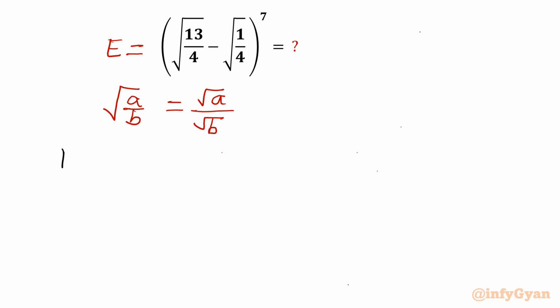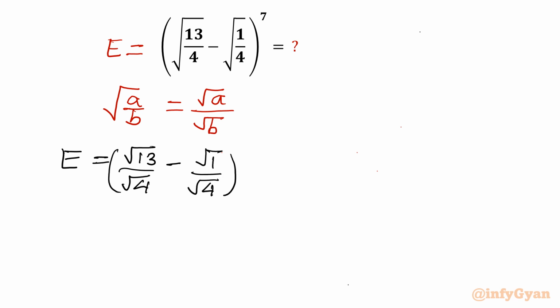So I can write expression E equal to (square root 13 over square root 4 minus square root 1 over square root 4) whole power 7. Now we know that square root 1 is 1 and square root 4 is 2.